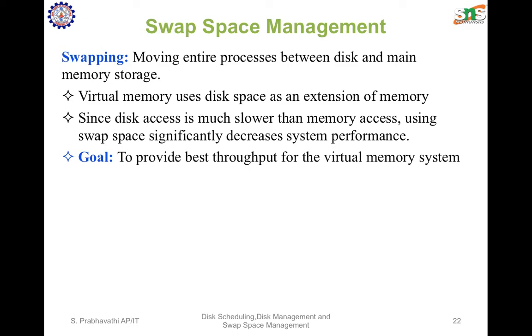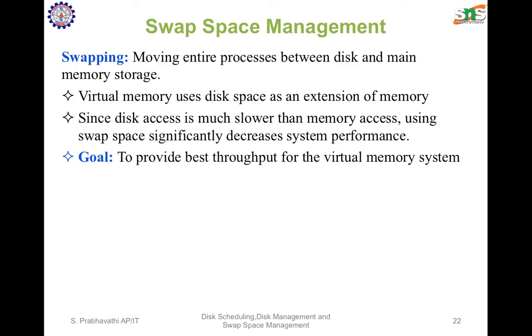What virtual memory says is that we can load only part of the program in the main memory, and we tell the operating system that the entire program is in main memory, and it gets started, but the remaining part of the program will be stored in the secondary memory. Since it is stored in the secondary memory, the performance gets degraded. Why does performance get degraded? Because secondary memory is slower than the main memory.